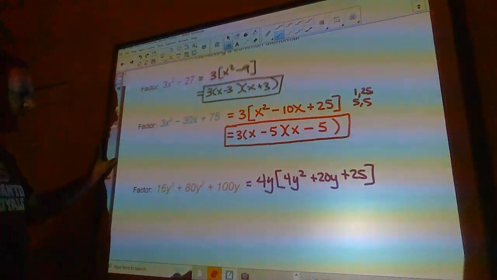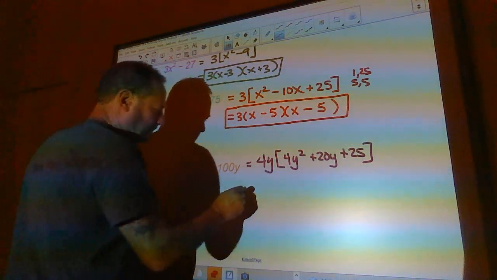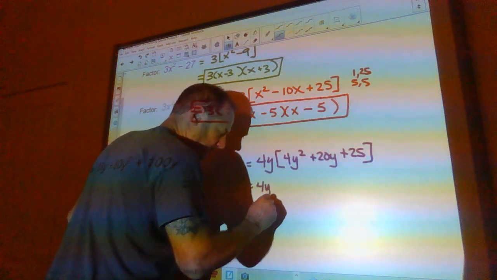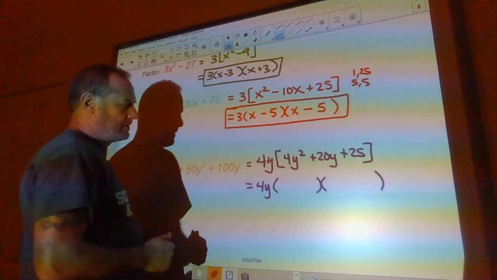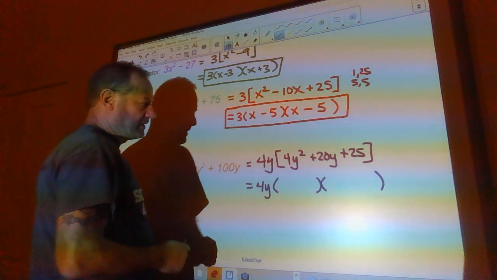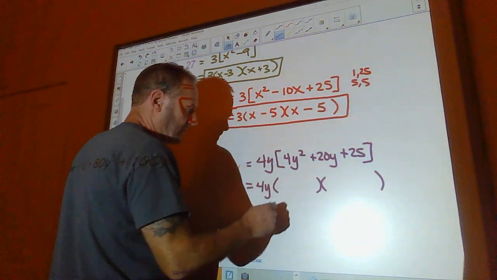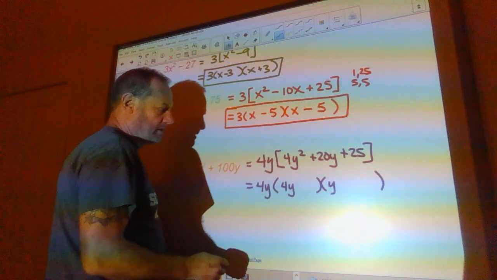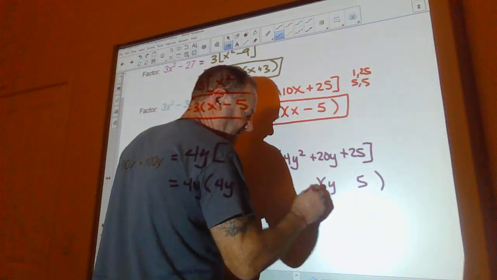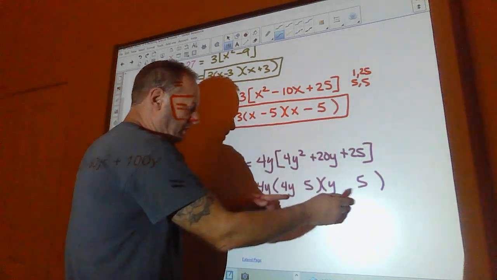Okay. Now from here, I can factor this middle part. Let's see. I need to make 20. Let's go with 4y and y and 5 and 5. What is that? That makes 20 and 5.